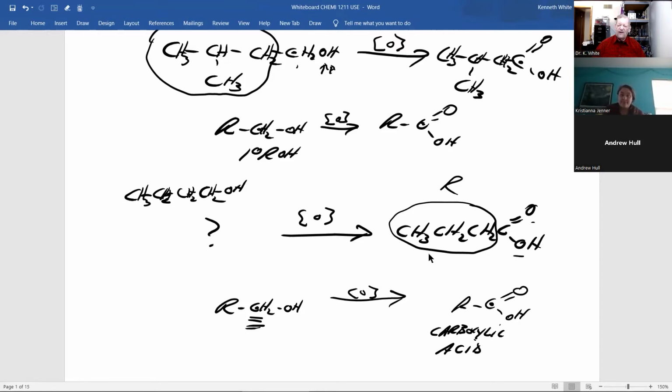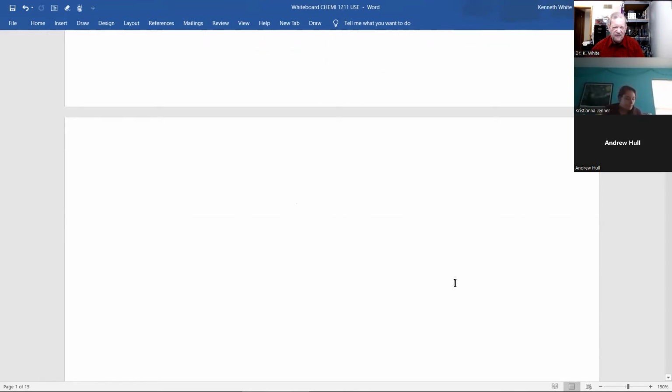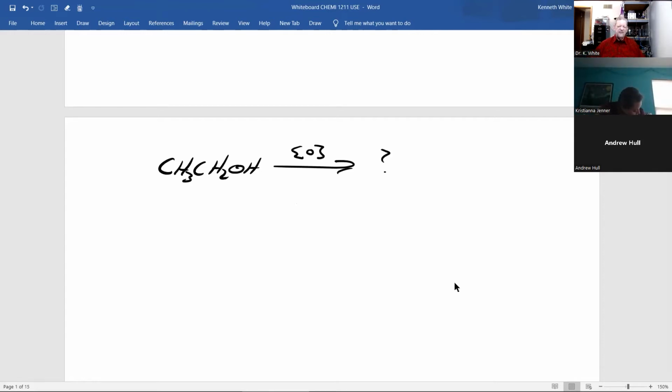And that's the alcohol you start with. Oh, let's do one more. Let's have some real fun. And the question would be, if you oxidize that molecule, what product do you get?